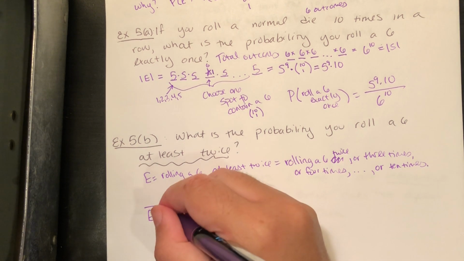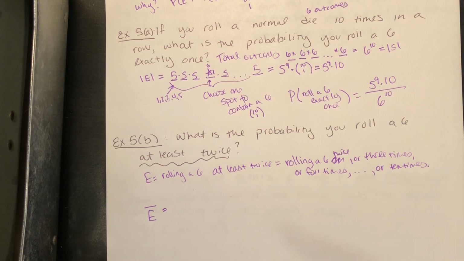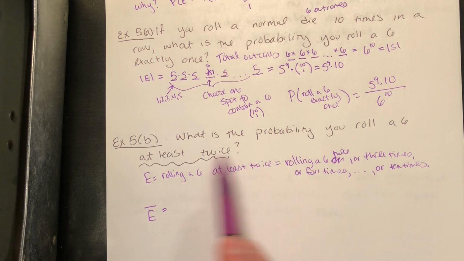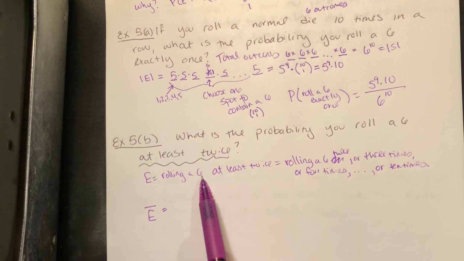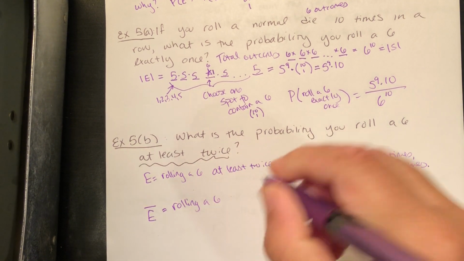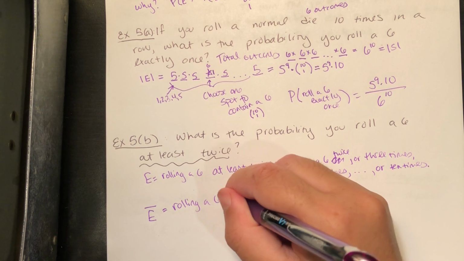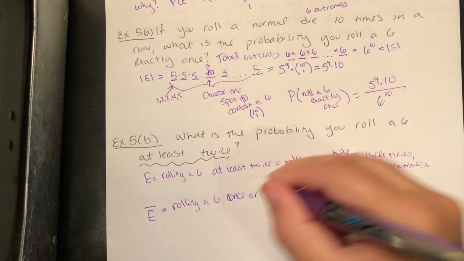So the complement would be, well, what would happen if it's not the case that you rolled a 6 at least twice? So you had to roll the dice 10 times. If you didn't roll a 6 at least twice, that means you rolled a 6 less than 2 times. So we want to find the probability of rolling a 6 less than 2 times. So that means 1 time, or 0 times.